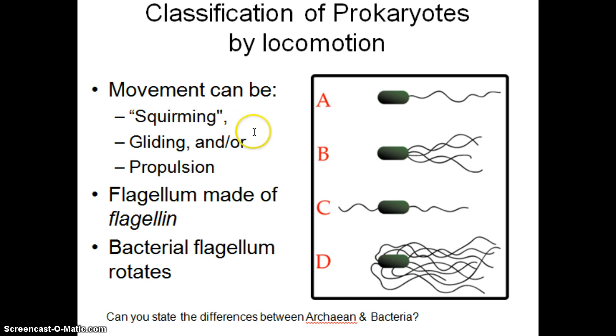They can squirm, glide, propel themselves. The flagella that bacteria have are made out of this particular protein. If it ends in IN, it's flagellin. IN means it's made out of a protein. And bacteria flagellum does a rotating movement versus archaea, which moves a little bit differently.